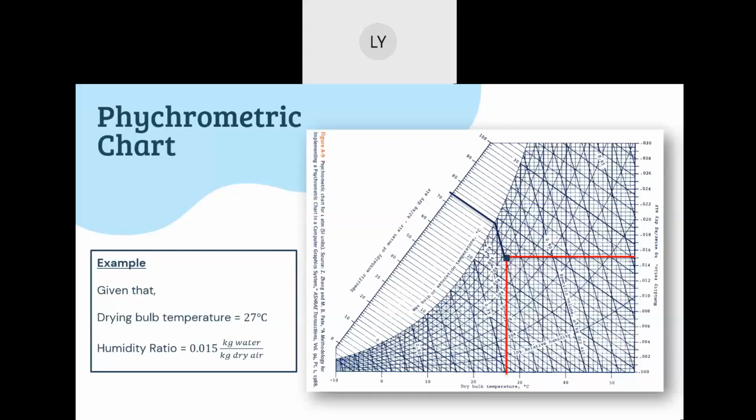In order to get the wet bulb or saturation temperature, we will draw a black line. We will get the wet bulb temperature of about 24 degrees Celsius. And the specific enthalpy of moist air is around 74 kilojoule per kilogram dry air.